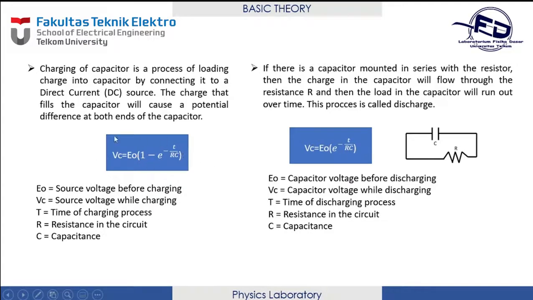Take a look at the charging of capacitors equation here first. Now let's change the time here, the T, time of the charging process. Let's change the time value to 0 first, okay? Normally, if we want to charge the empty capacitor, the VC or source voltage will be 0 too, right? Of course, logically, if our phone's battery is out of use, after we plug the charger into the phone, it will start from 0% too, right?